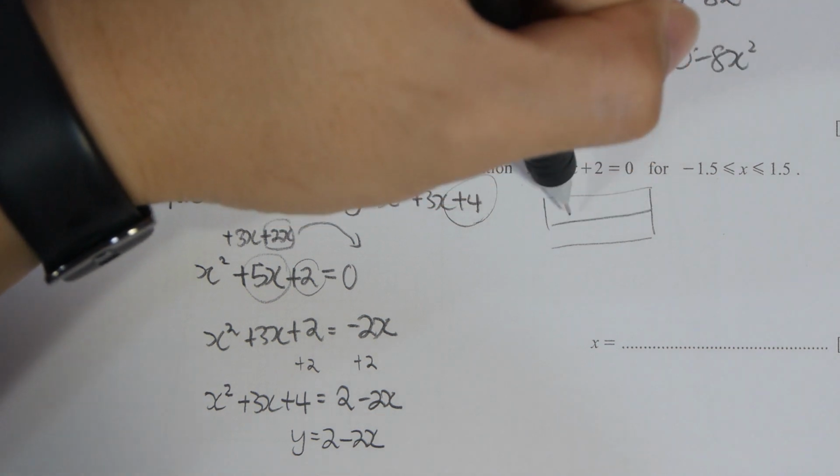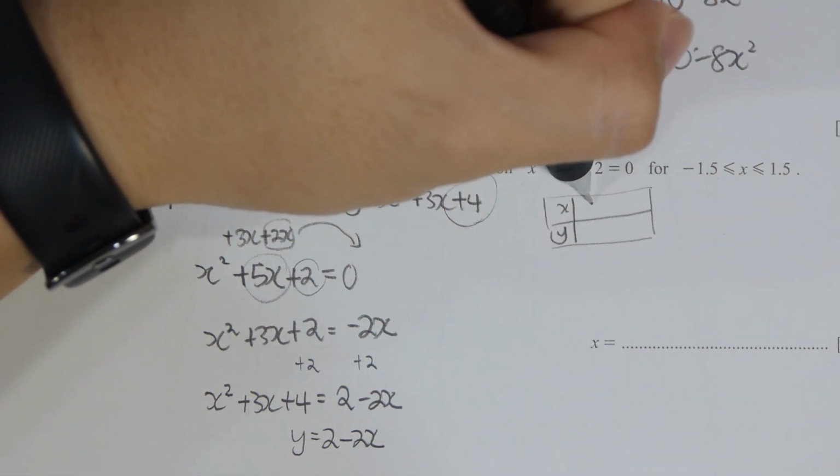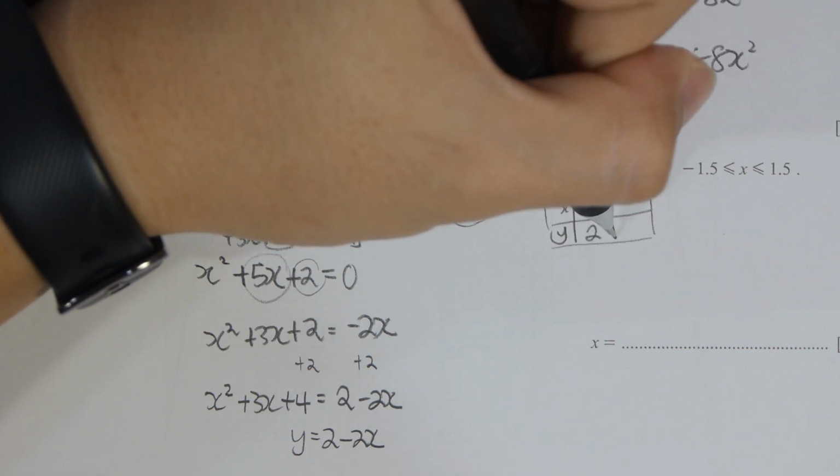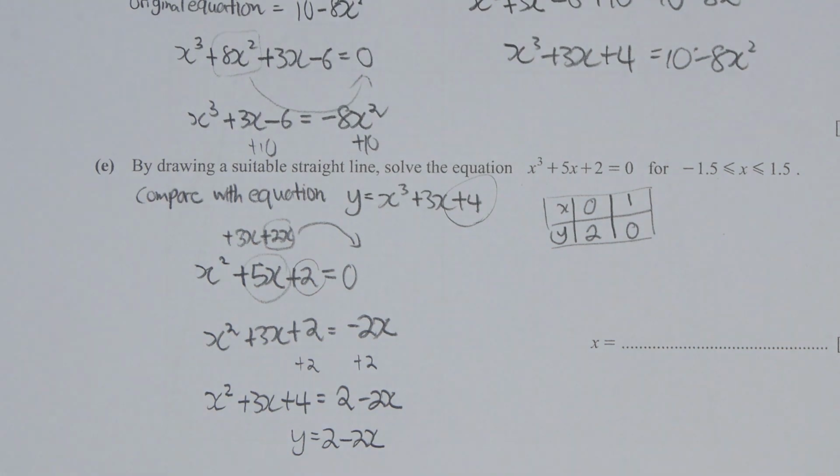So I set the variables: when x equals 0, y will actually be 2, when x is 1, y is 0. So with these two coordinates, I drew out another line.